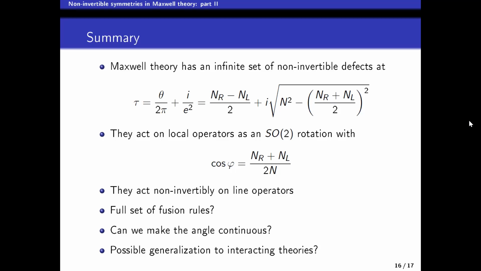Assuming that the defect has a continuum Lagrangian description, no? Sure, which is not obvious. Maybe you can make the angle continuous, but you don't know the Lagrangian description of it. What you find is the Chern-Simons Lagrangian. That's sensible, quantum mechanical, when the n's are integers. This is a classical computation, because the theory does not renormalize.